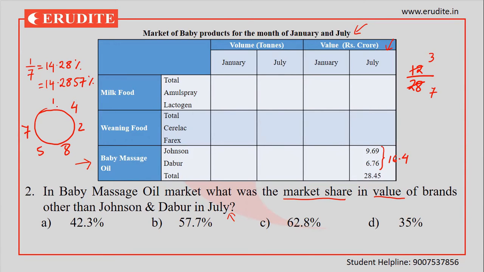Like 1 by 7 starting from 1. Then 2 by 7 should start from the double, 2 4, that means from 28 onward. So 2 by 7 is 28.5714%. 3 by 7 is starting from 4, so it means 42.8571%. This is the process of recalling by 7 and their products. So 3 by 7 is nothing but 42.85% approximately.